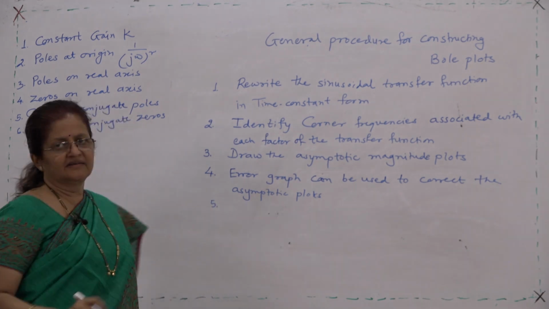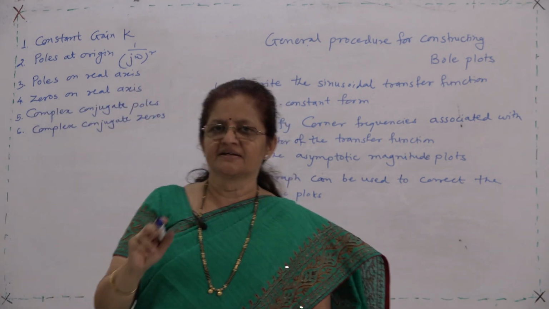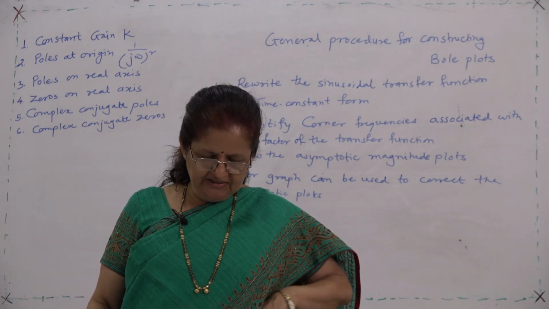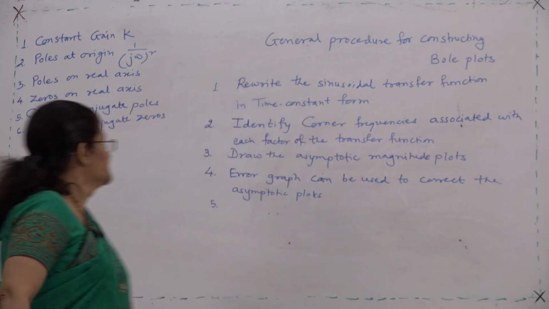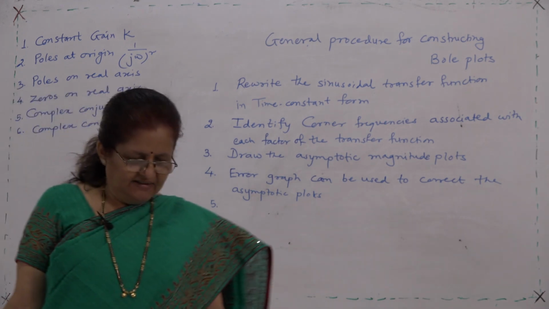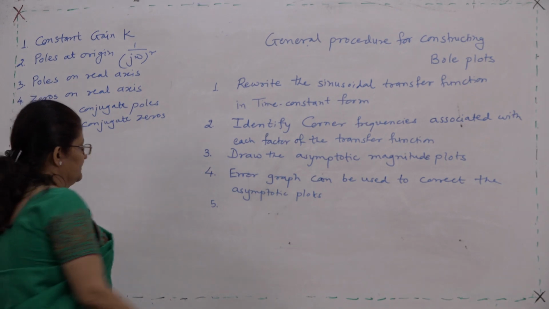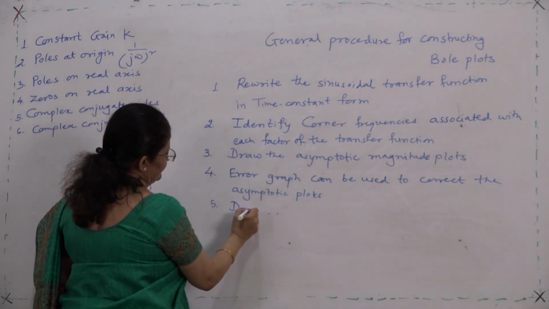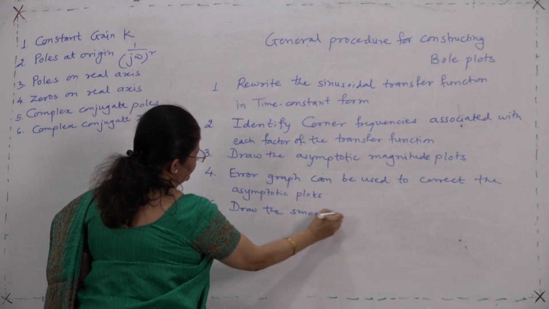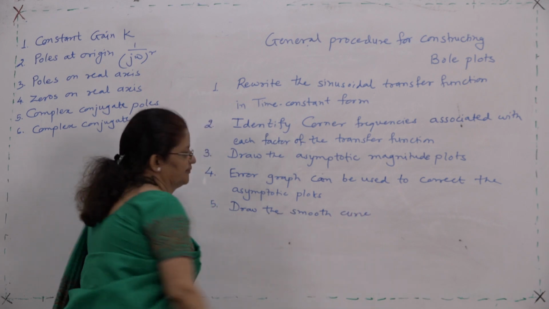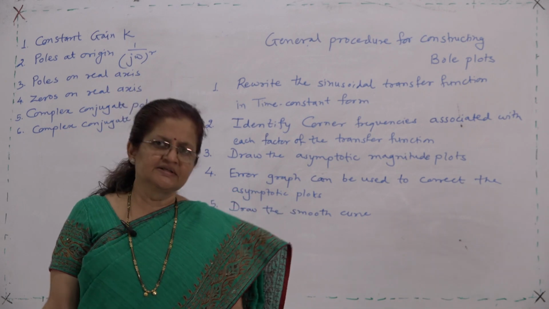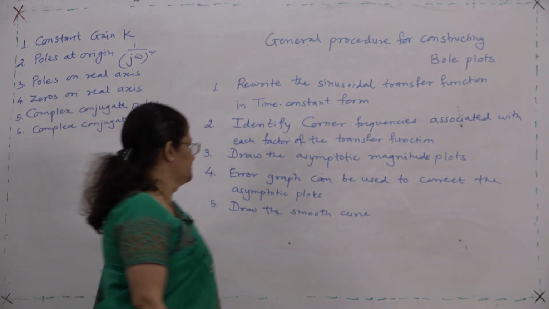How much is the error? Accordingly you can correct it and draw the Bode plots. So, the next step is to determine the correction in the asymptotic plot. Next step is to draw the smooth curve through the corrected points for each factor and combine it together.